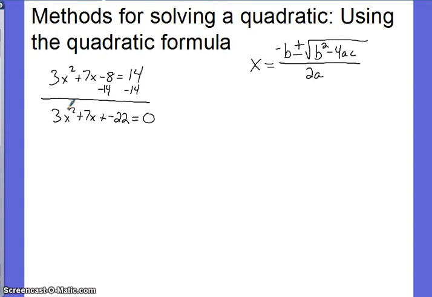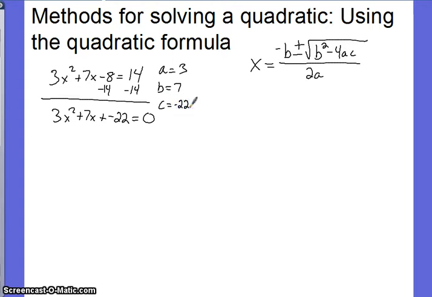Now the first thing we need to do is get our a, our b, and our c. Now our a is always the number that's in front of the x squared term, our b is in front of the x, and our c is the constant negative 22 here. So my a is 3, my b is 7, and my c is negative 22.